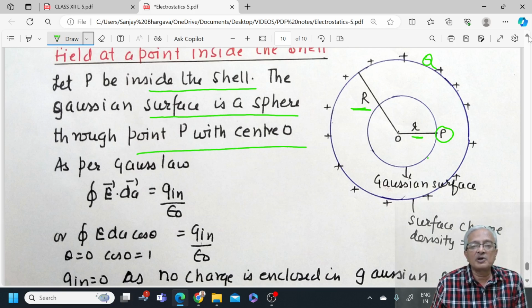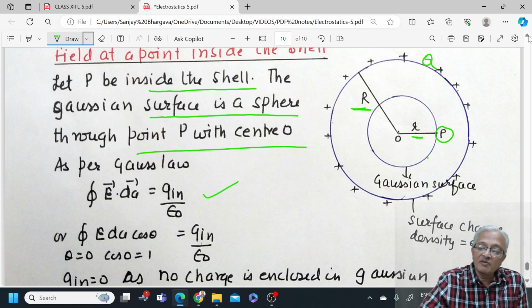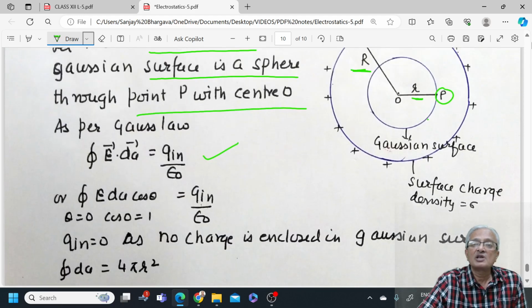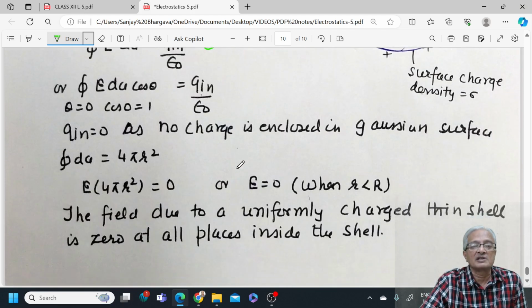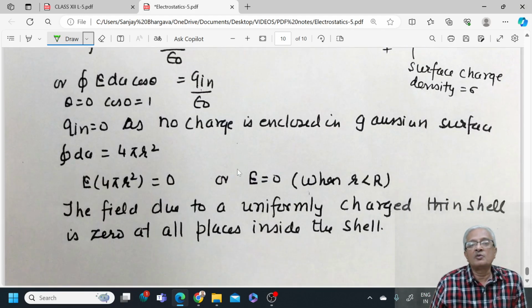Now what happens as per Gauss law? Definition says integration E dot dA must be equal to q inside upon epsilon 0. E dA cos theta would be q inside upon epsilon 0. But what is the value of the charge inside the closed surface? All the charge is on the outer surface of the sphere. So no charge is enclosed by the Gaussian surface. So Qin would be equal to 0.